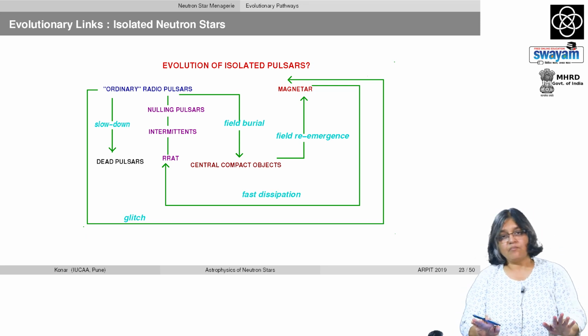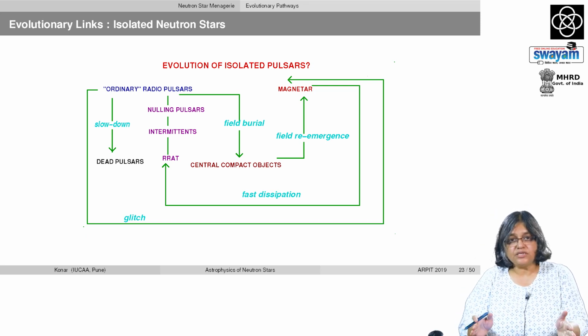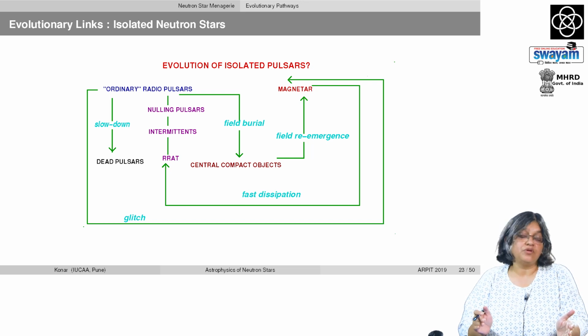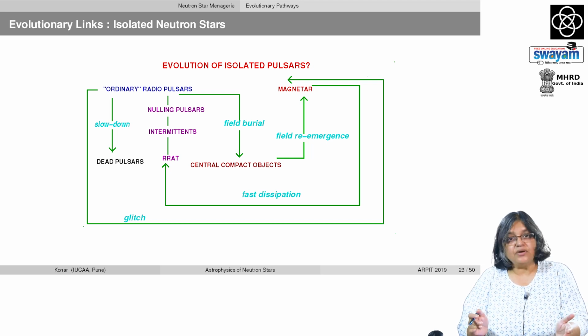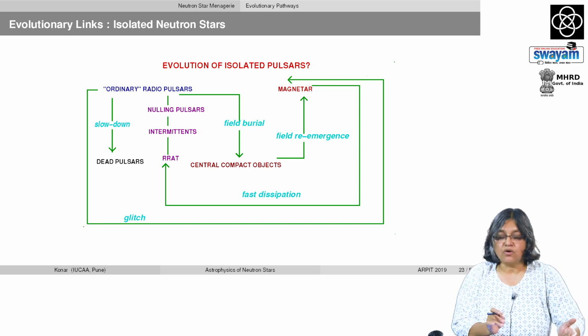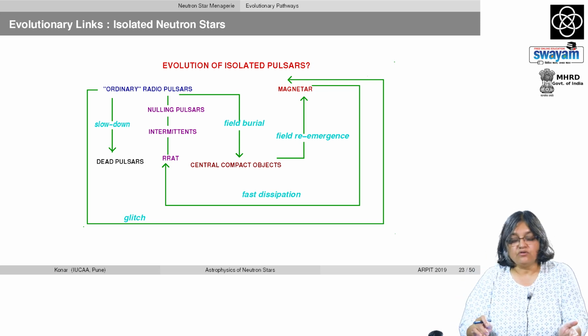So, how these isolated neutron stars connect to each other, if there is at all any evolutionary connection between them, is not at all clear. This slide basically summarizes various kinds of suggestions that are now known in the literature, suggested by various groups of researchers, but there has not been any consensus on this evolution as yet.